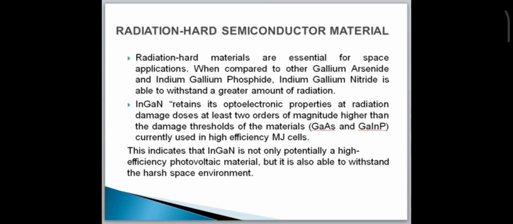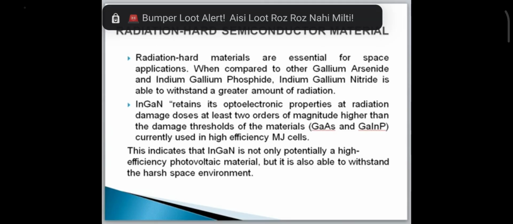Indium gallium nitride retains its optoelectronic properties at radiation damage doses at least 2 orders of magnitude higher than the damage threshold of the materials gallium arsenide and gallium indium phosphide, currently used in high efficiency solar cells. This indicates that indium gallium nitride is not only potentially a high efficiency photovoltaic material, but it is also able to withstand the harsh space environment.